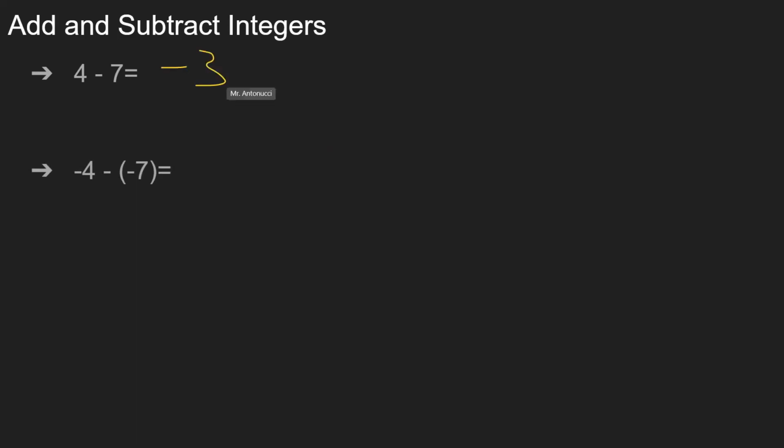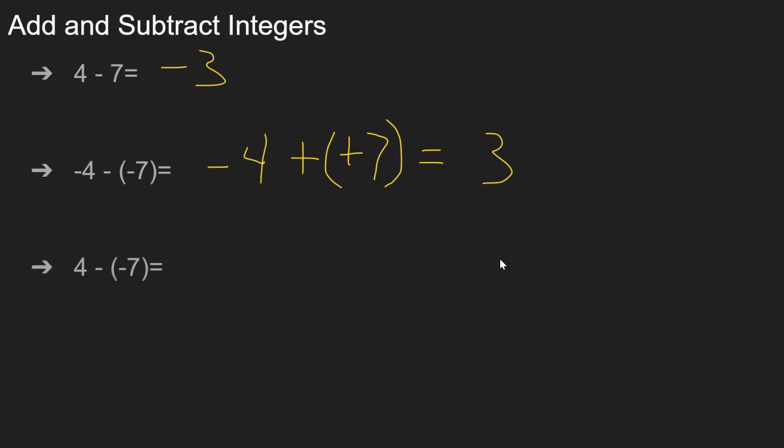Here again, we're subtracting numbers, so keep, change, change. Now you can see this changes it to addition, and we're adding numbers with opposite signs. So subtract the numbers, keep the sign of the bigger number, which is positive, so 3. Here again, keep, change, change gives us 4 plus positive 7.